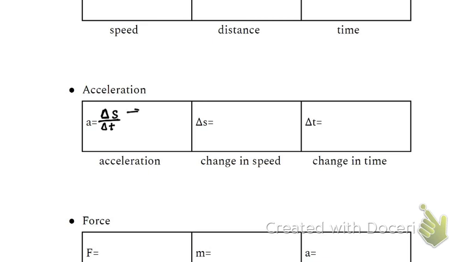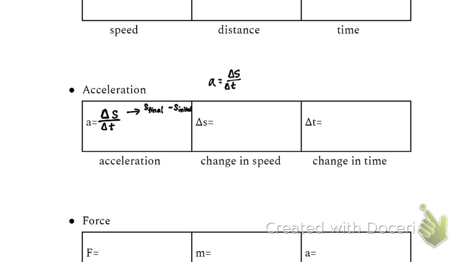So your initial, what Ariel was saying here, this might be your final speed minus your initial or starting speed. All right, so if we want to change that and just get speed by itself, we started with acceleration is the change in speed divided by change in time.